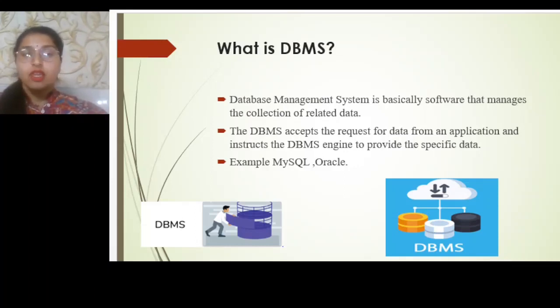For example, if you are going to book a ticket in railways or airlines, you are not going to fetch their complete database. So over here we are going to use the database management system.